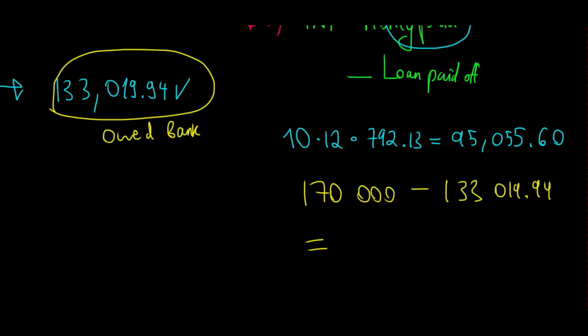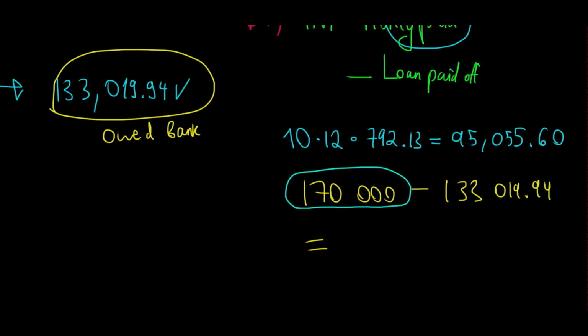So I'm going to take the principal amount of $170,000 and subtract the 133,019.94 that I still owe the bank. If I subtract what I owe the bank, the remainder is obviously the amount that I paid off for the loan. So out of this principal, a part of it was paid off.